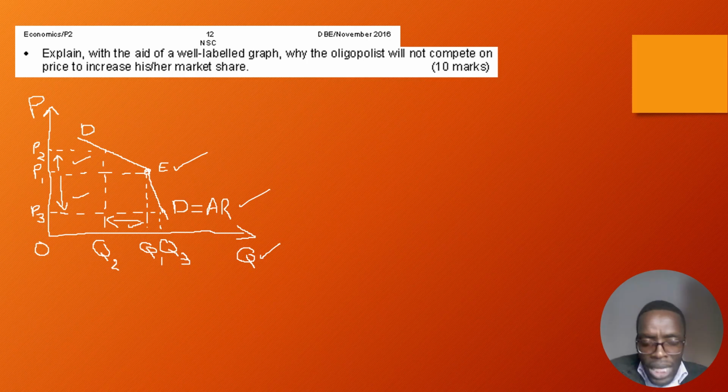And then by explaining that graph, what happens when the price increases and other firms don't respond, or what happens when the price decreases and the other firms respond by decreasing the price even more, you were going to get your other 4 marks there to make it 10 marks. So it was an easy question. I want to believe that we all got it right. Well done. Okay, let's give the next activity and let's see what happens.